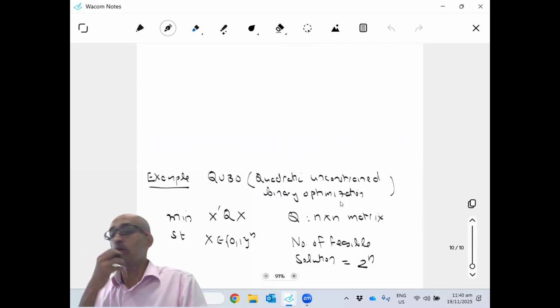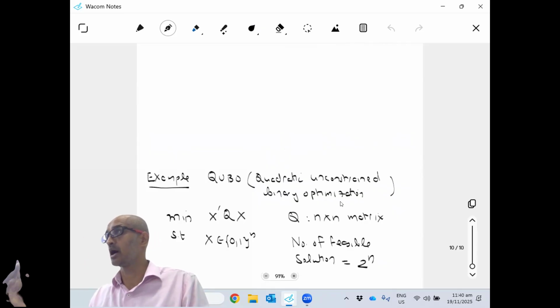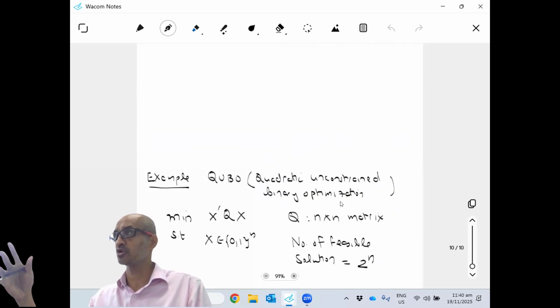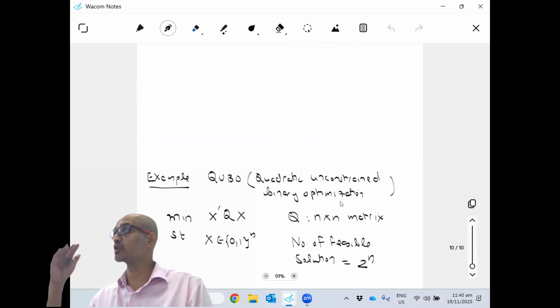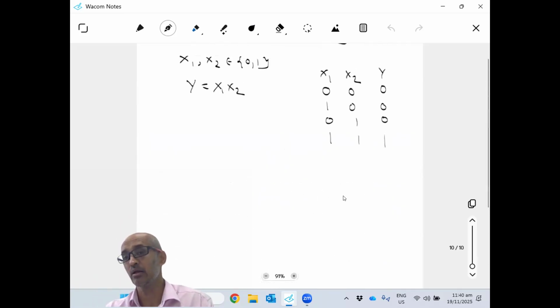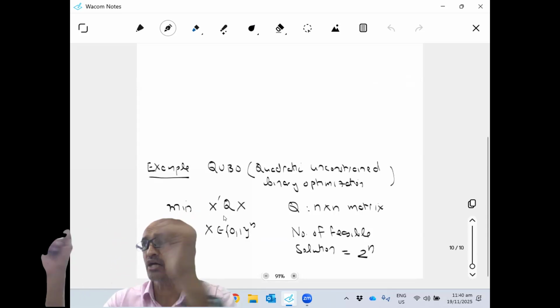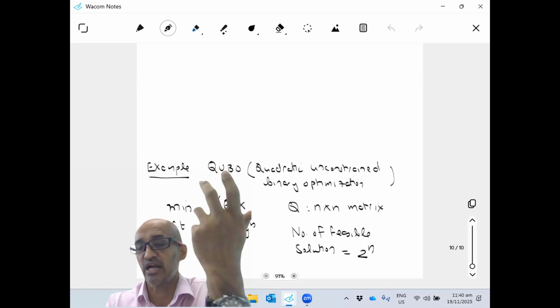Now, there are many ways you can try to tackle this problem, and in fact, many methods have been proposed. But one method is to transform it to a 0-1 linear programming problem. This can be done because in this example, every term is a product of two variables.